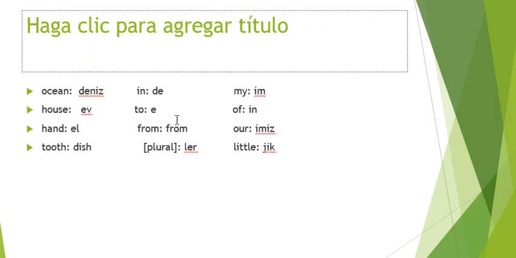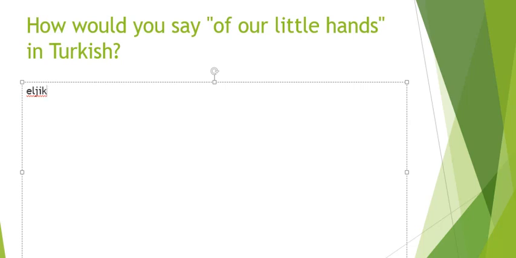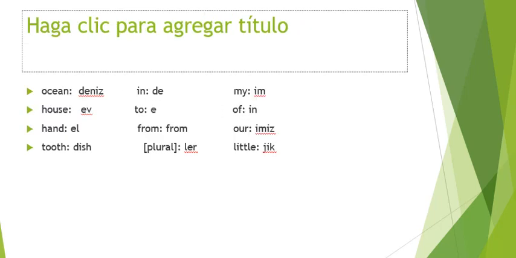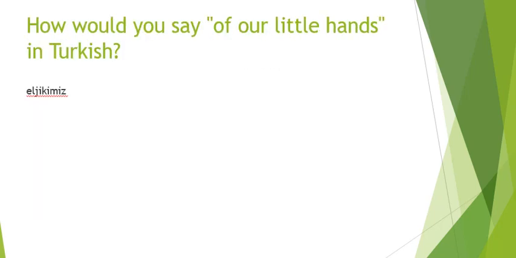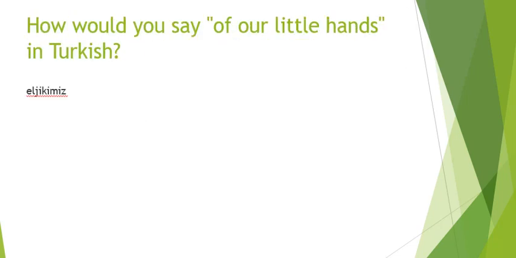Remember, our in Turkish is imiz. So you are going to write imiz. What about of? Of in Turkish is in. So let's write. Yes, of our little hands.